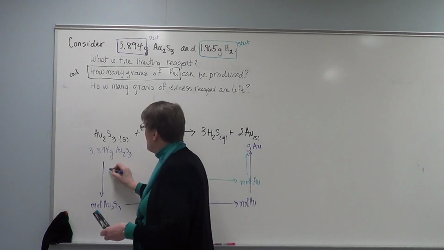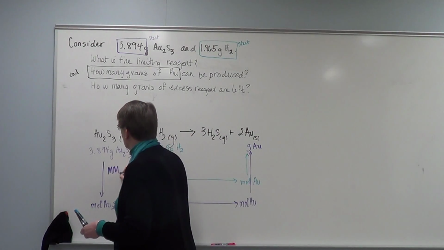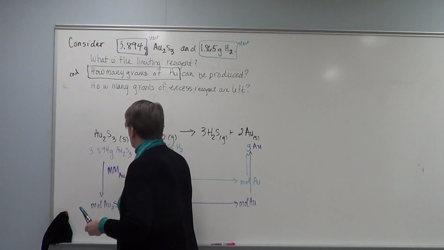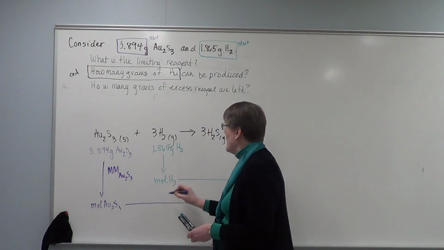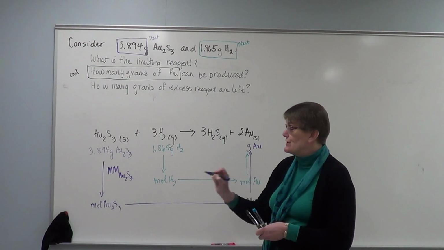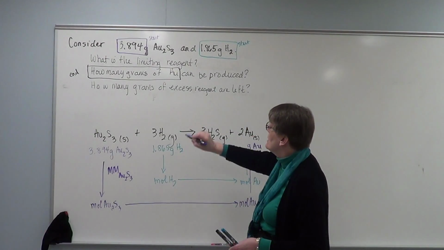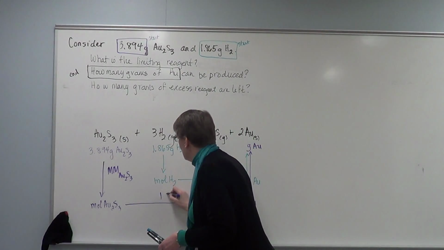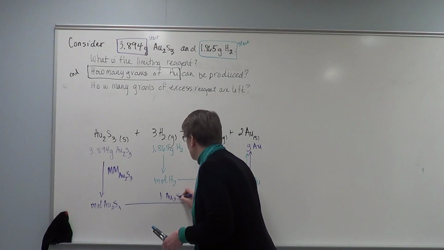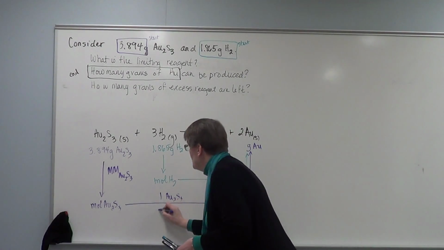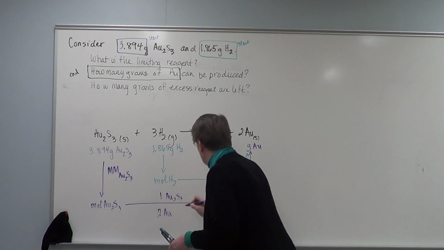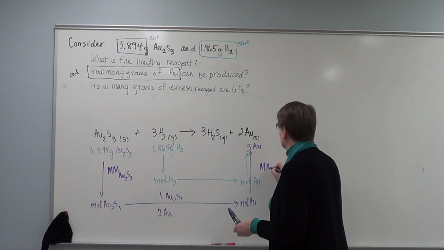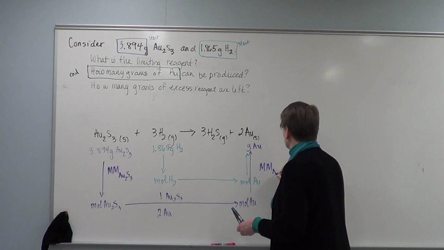So I'm going to need the molar mass of gold sulfide. I'll need the stoichiometric conversion from gold sulfide to gold. So the reaction says 1 gold sulfide gives me 2 gold. And then I'll need the molar mass of gold.